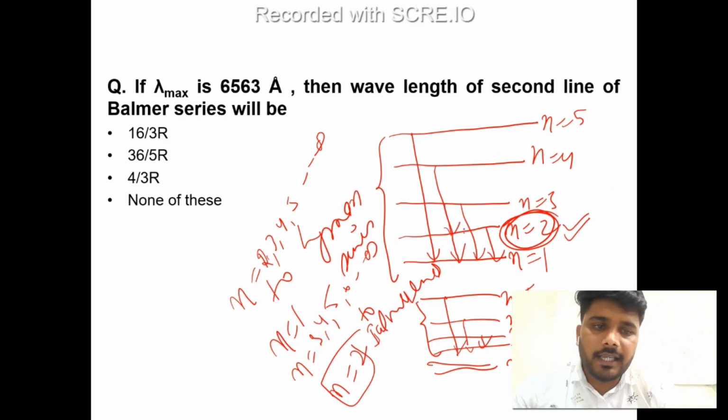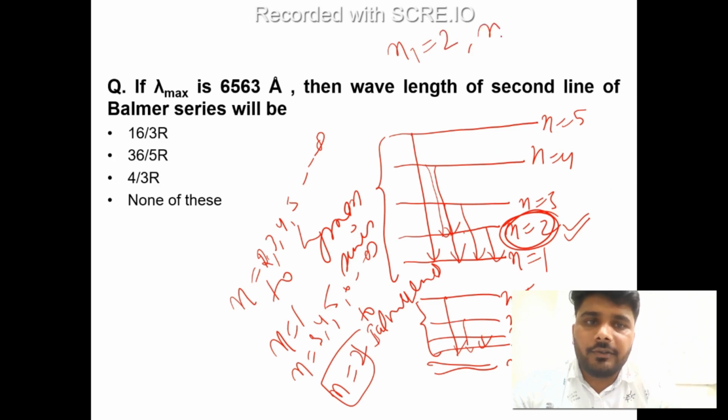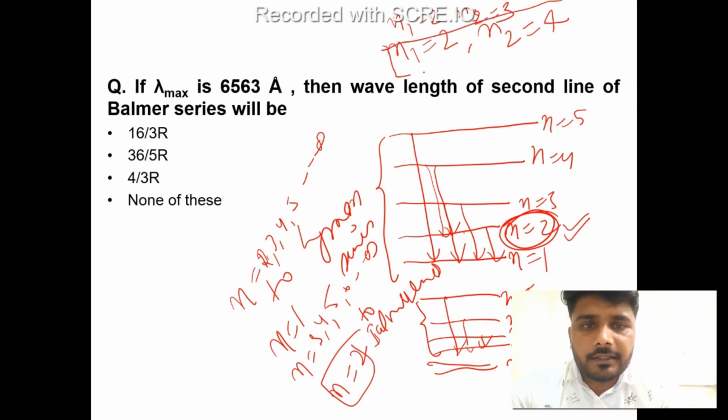And what will be the second line? 4 to 2. So n1 is fixed, that is 2, and n2 will be 4. You have to find the wavelength of this transition only.